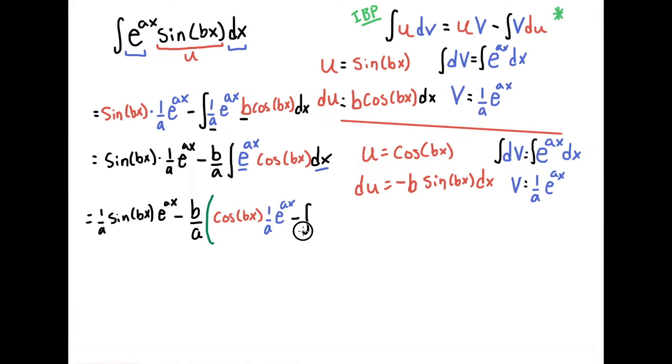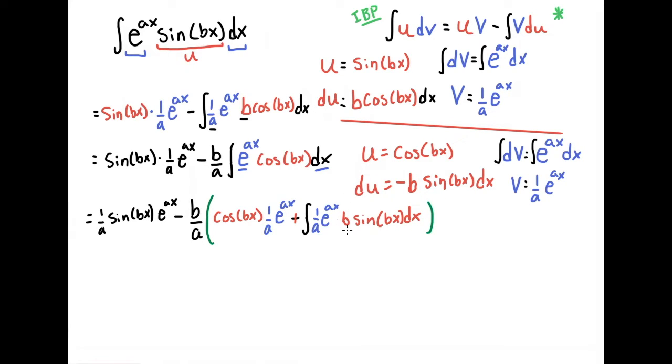The integral of v, 1 over a e to the ax du. Take a look at this. We're going to have this minus sign here. So it's going to be minus b sine bx. So we're going to change that minus to a plus. It's going to be multiplied by b sine of bx dx. Okay, and that's good enough to close off our original statement here.